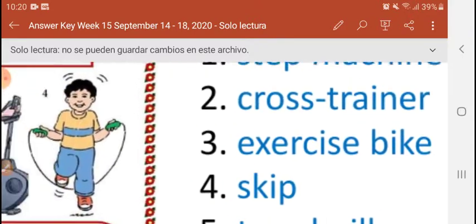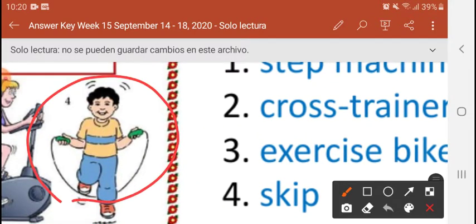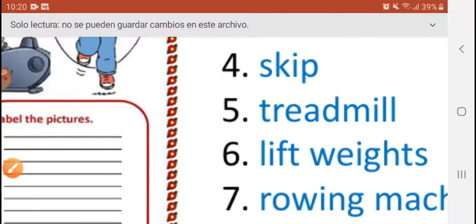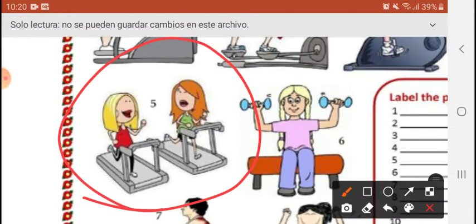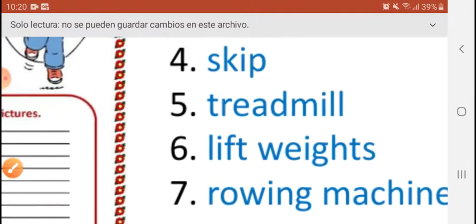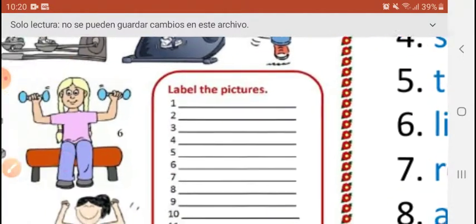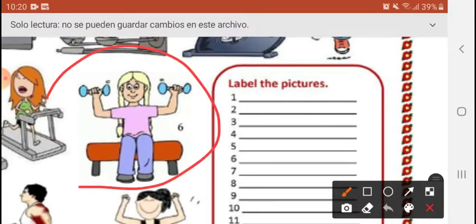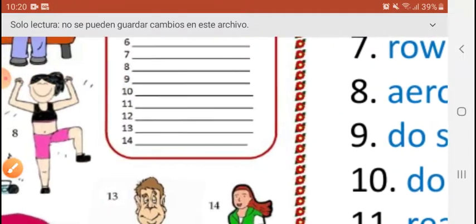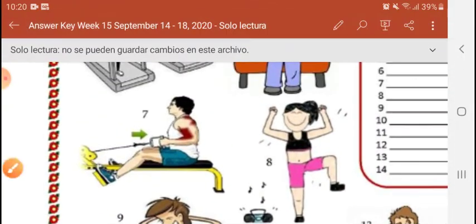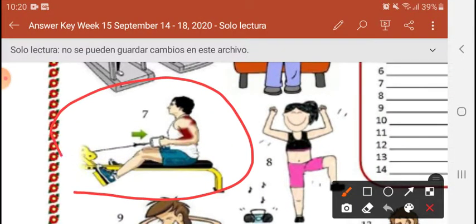Number 4, skip. Number 5, treadmill. Number 6, lift weights. Number 7, rowing machine.